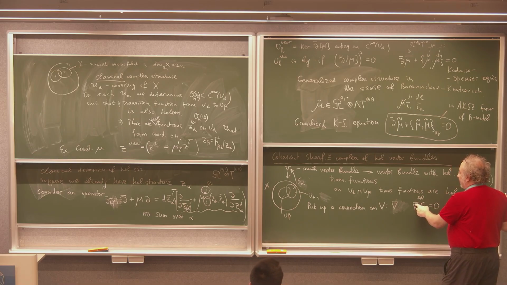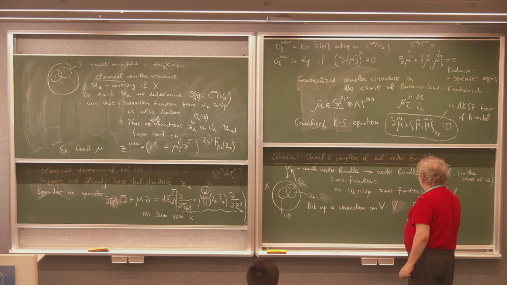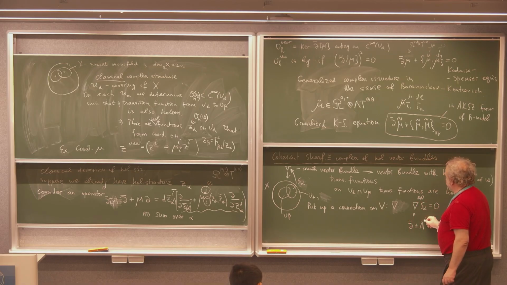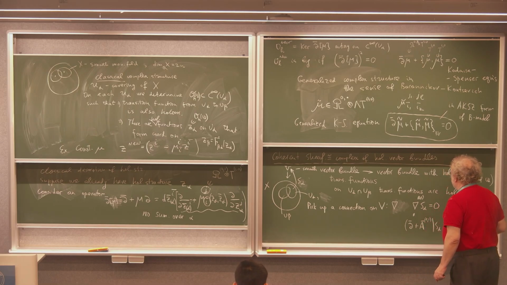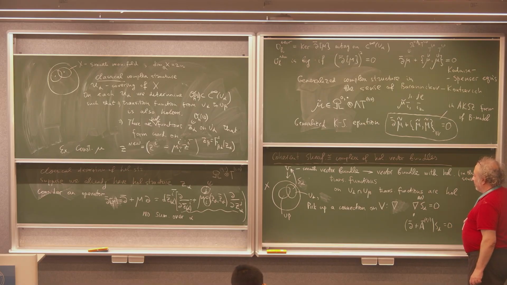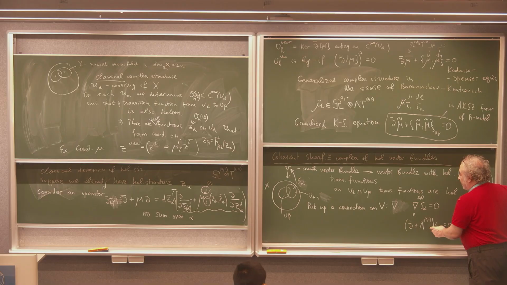So locally, this nabla looks like this bar plus a bar. And I'll put 0. I definitely have an ambiguity in solving this equation.